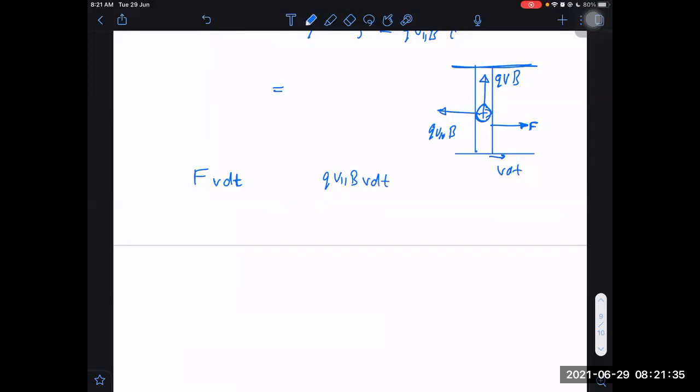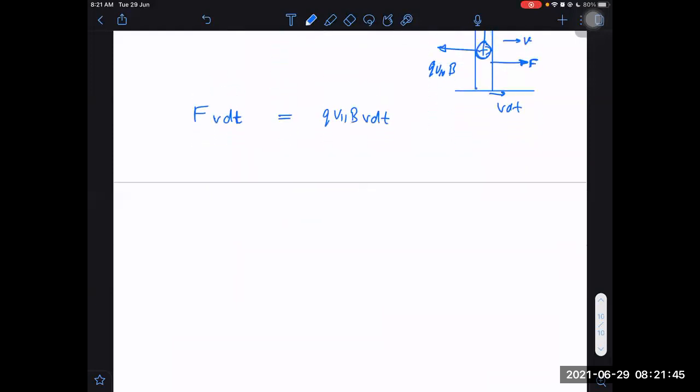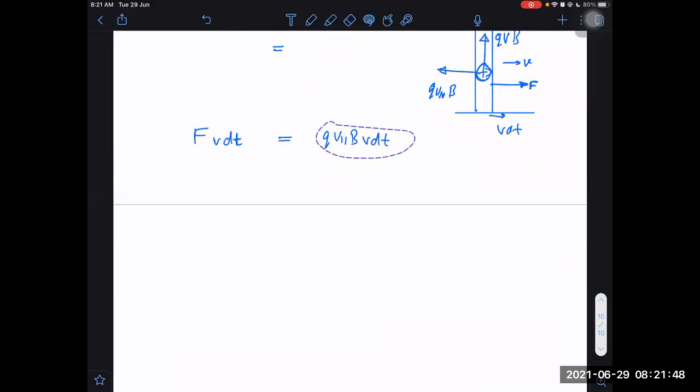Because it is moving with constant velocity, I can tell that this force is equal to this force. These two forces are equal, so these are both equal also. But other than that, what is the work being done by the magnetic force here? Seemingly, apparently.